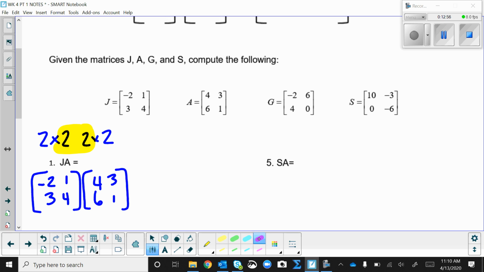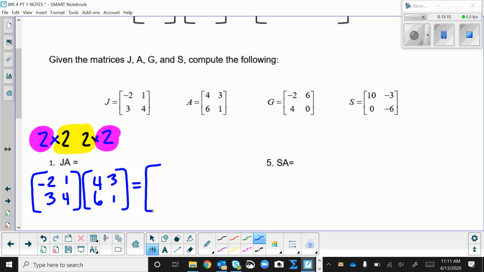But everything's going to match today. Now, the dimensions of your answer matrix come from the other 2 numbers: the row of the first matrix and the column number of the second. So I like to go ahead and set up my answer matrix and give myself spaces to hold place for where the numbers are going to go.